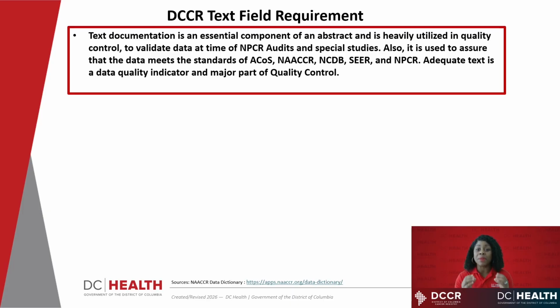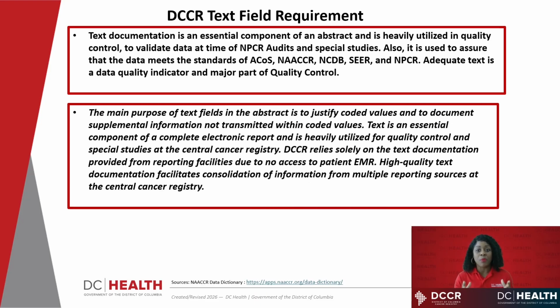It ensures compliance with standards set by the American College of Surgeons, NCDB, SEER, NAACCR, and NPCR, serving as a key indicator of data quality. The primary purpose of the text field in an abstract is to justify coded values and provide supplemental information not captured in coded data, making it an essential part of the complete electronic report.